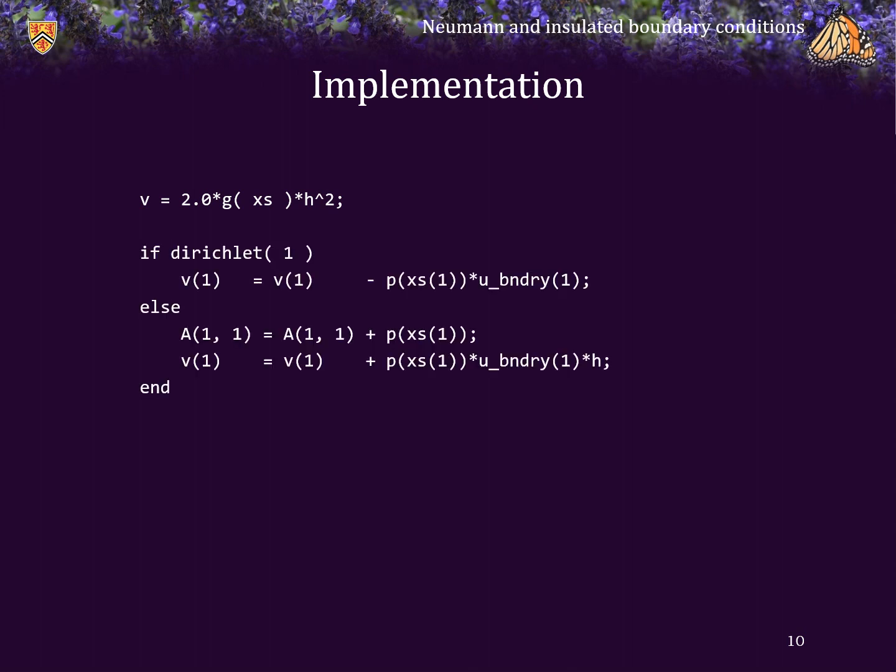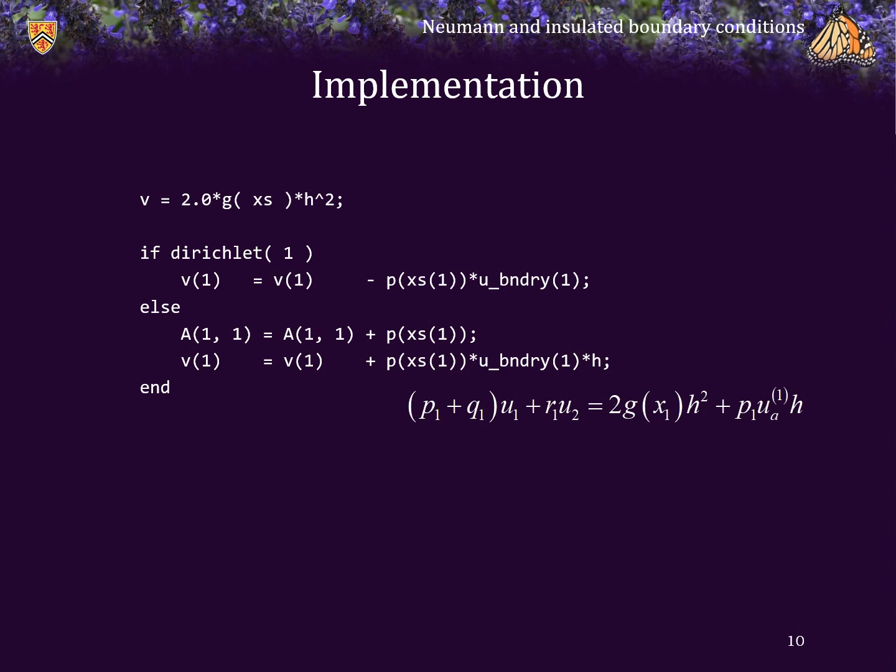So now we're going to check. If the left-hand condition is given as Dirichlet, then we will update the target vector as previously done. However, if it is not a Dirichlet condition, i.e. it is a Neumann condition, then we have to update the first equation as given above.